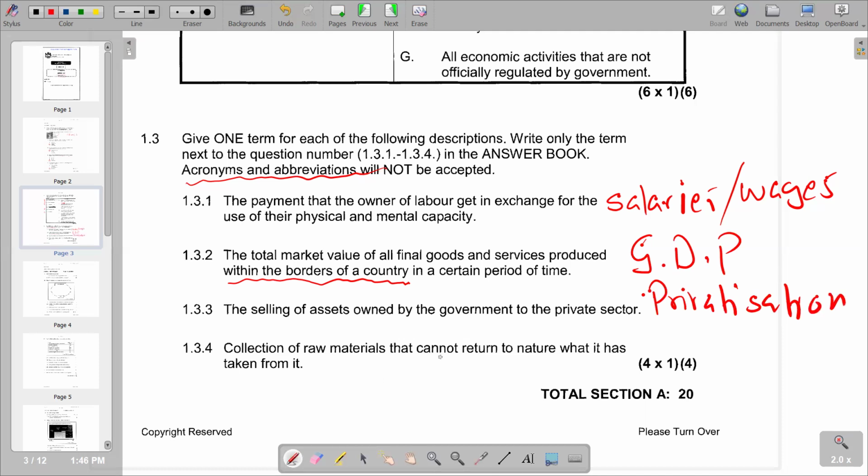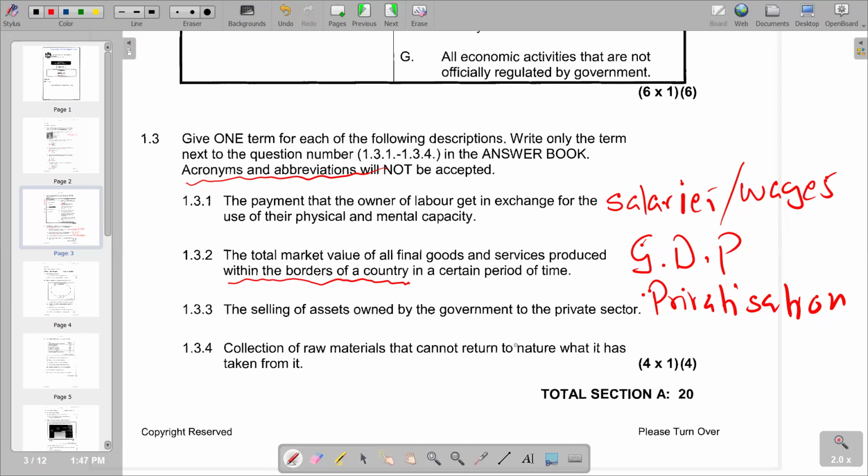The last part, collection of raw materials that cannot return to nature, where it is taken from. So basically, we try to find a term that can match this explanation.